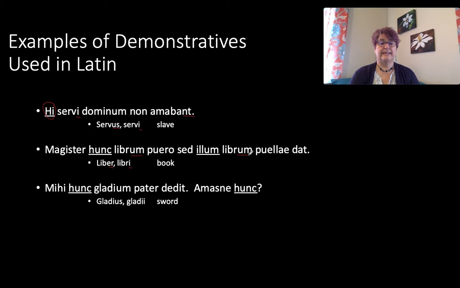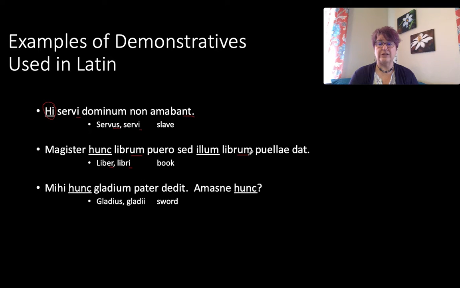In this next sentence, we see the word hunc, a form of hic, haec, hoc, being used twice. Both times it is describing or referring to the gladium, or the sword. In the first part of the sentence, we notice that hunc is right next to the word gladium.